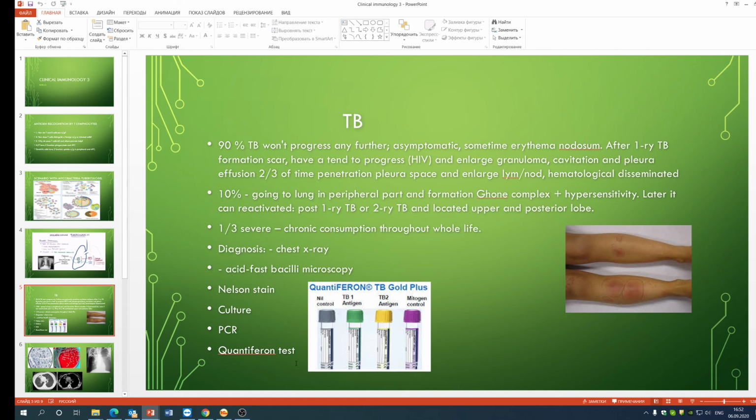Recently this new test was discovered. We found the presence of antigen from Mycobacterium tuberculosis. Next part we will discuss later.